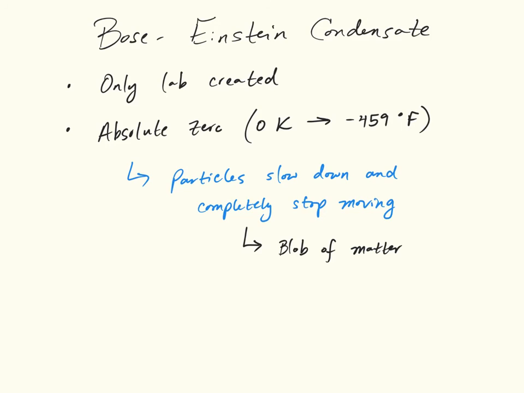We can almost think about it like it's a solid on steroids, I guess you could say. You don't necessarily have to remember all of this stuff. I just want you to understand that the Bose-Einstein condensate is not naturally occurring because we can't really in nature ever get to absolute zero. But the big key here is that those particles slow down and completely stop moving, and we just have this big blob of matter left over.